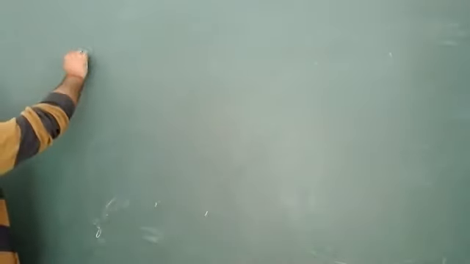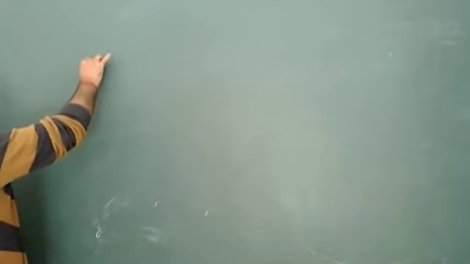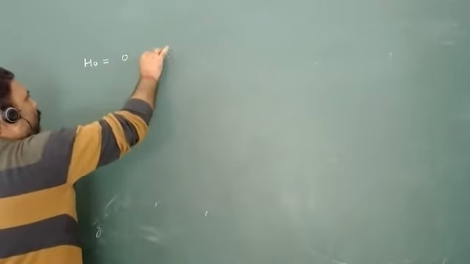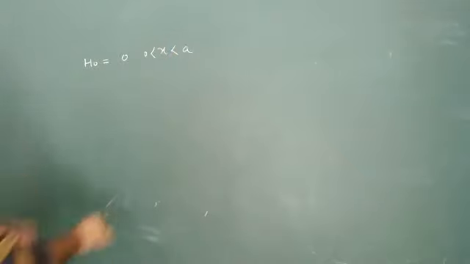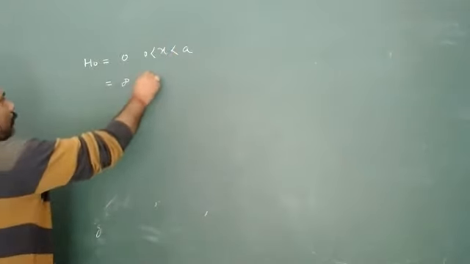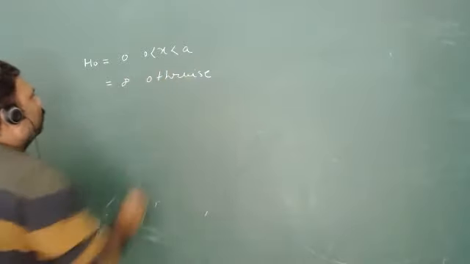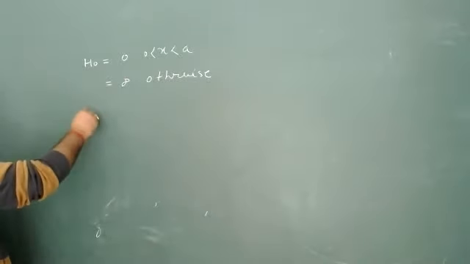Okay, so let's go for this question. H0 is defined as 0 if x is between 0 to a and infinity otherwise, and it is perturbed with, I am just giving n number of perturbations for this particular system.